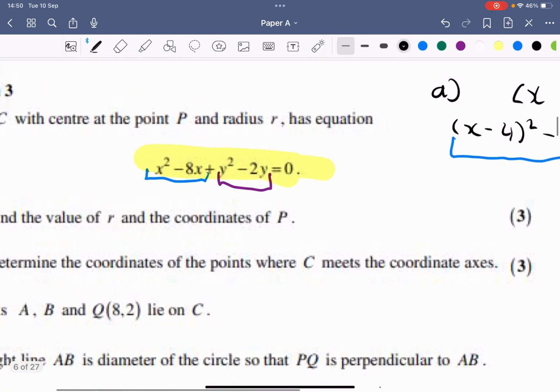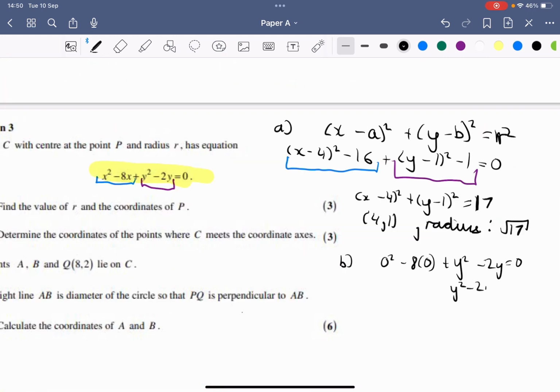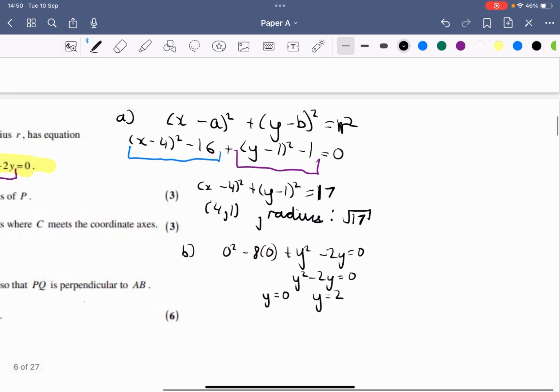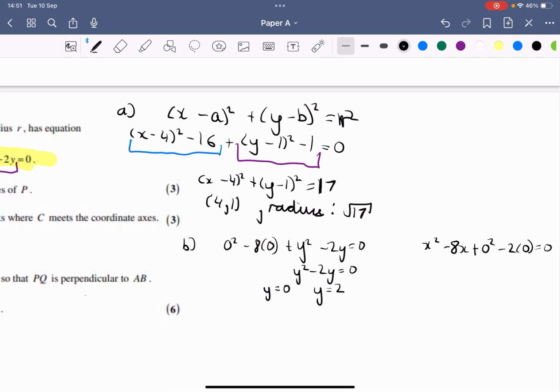So if we let x equal 0, we get y squared minus 2y equals 0, and then y equals 0 and y equals 2, right? And then if we let y equals 0, we get x squared minus 8x equals 0, x equals 0, x equals 8.